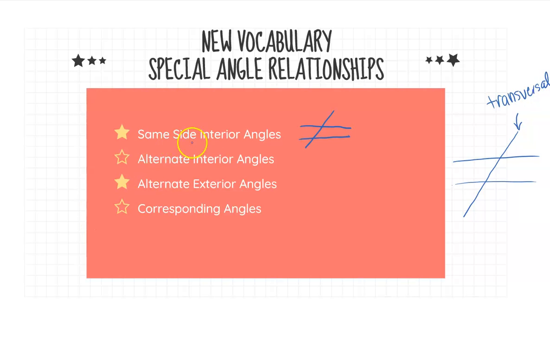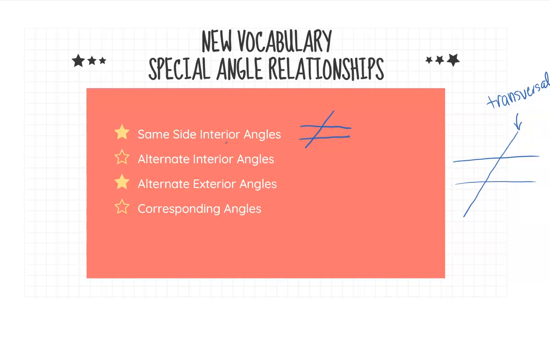So, same side interior angles. Same side means that we want both of our angles to be on the same side of the transversal. So they're either both on the left side or they're both on the right side. And then interior angles means that we are looking at angles that are in between or inside of our two parallel lines.